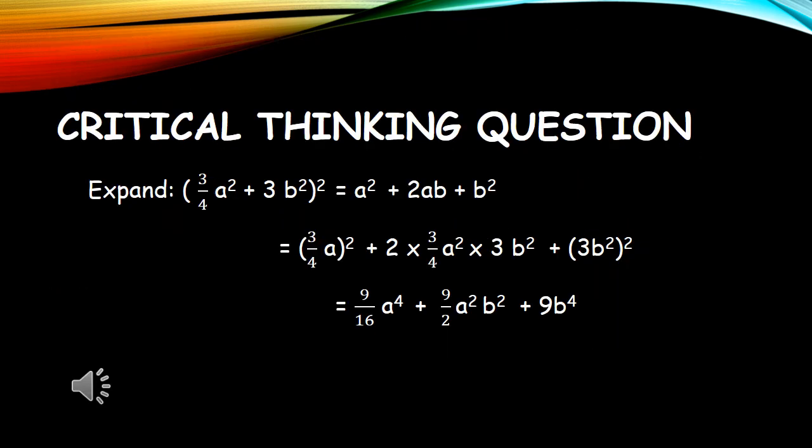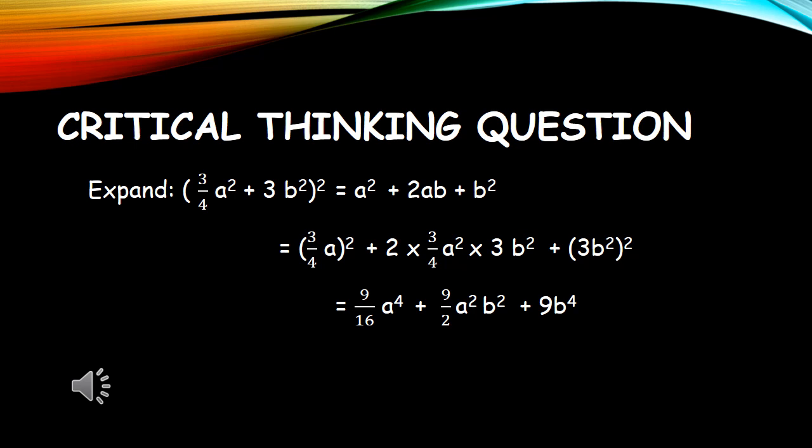There is one critical thinking question. We have to expand the given term. Here the numerical coefficient is a fraction: (3 by 4 a square plus 3b square) whole square. As a plus sign is seen, we will be using the identity a square plus 2ab plus b square. Here a means 3 by 4 a square and b means 3b square.